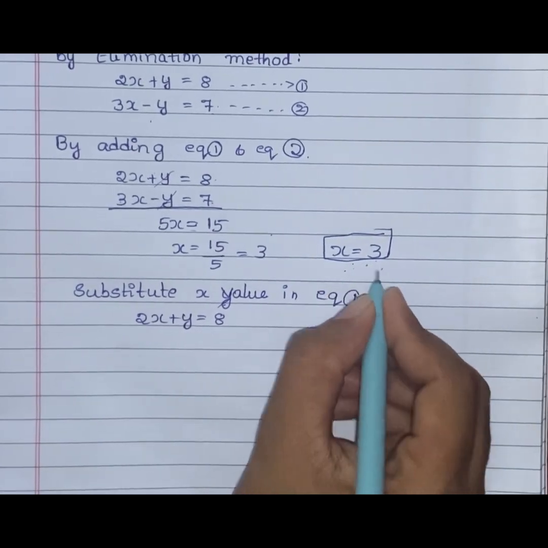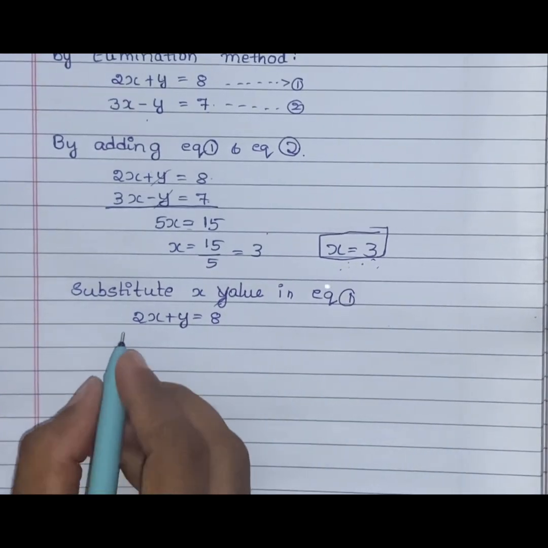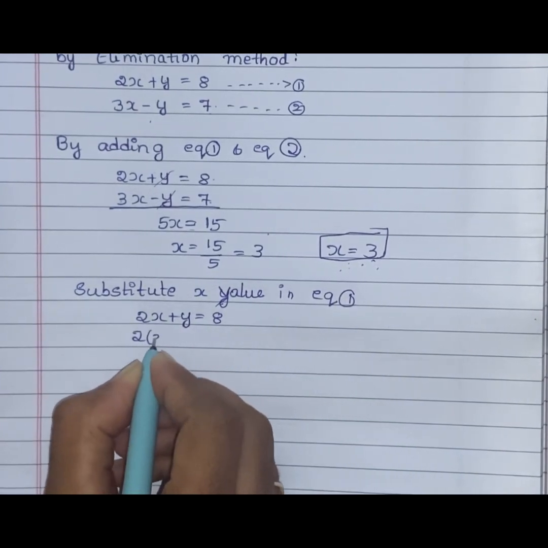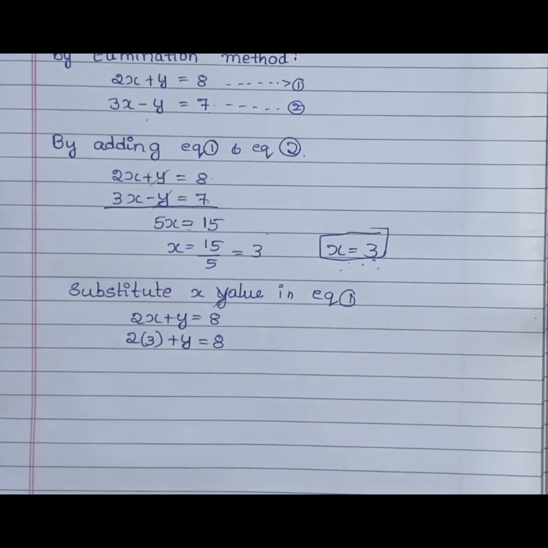Now instead of x, I'll replace it with the x value, that is 3. So 2 into 3 plus y is equal to 8.